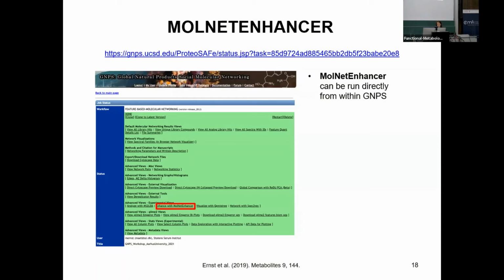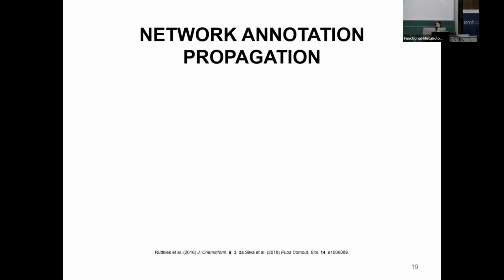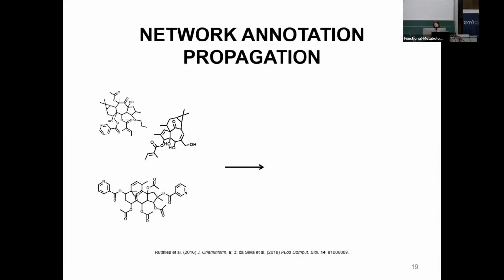The way MolNetEnhancer is set up on GNPS right now, it accepts in silico structure input not from SIRIUS CSI:FingerID in that case, but from network annotation propagation. So before we can start MolNetEnhancer, we also need to run an in silico structure annotation through network annotation propagation. And just to say a very few words about this algorithm.